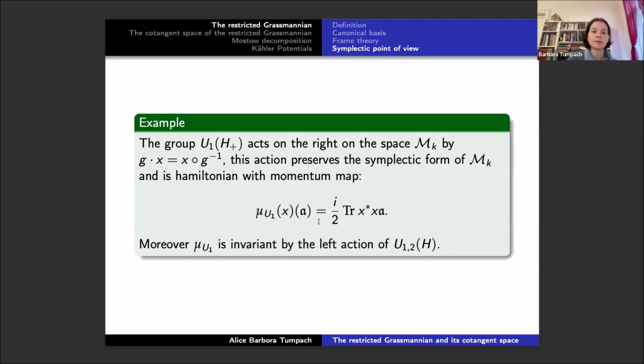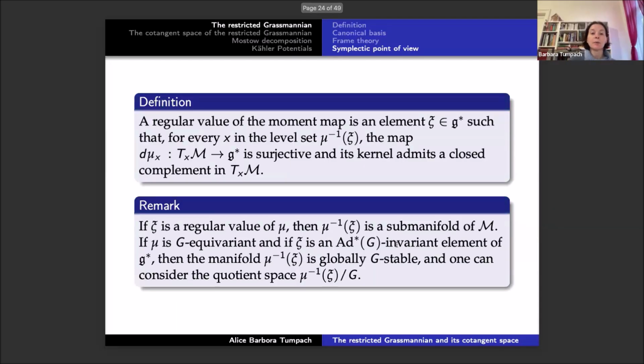Yes, and moreover, this moment map is invariant by the left action of a group that we have seen before, the group of unitary operators with block of the form identity plus trace class and of block Hilbert-Schmidt. So now what we want to do is a symplectic quotient or Kähler quotient.